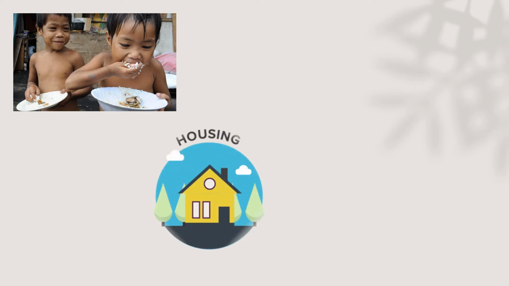The next one, of course, is housing. It includes house rental or monthly amortization, tax, and property insurance. If you are living in an apartment or if you are renting a house, the next thing that your parents would consider is housing.